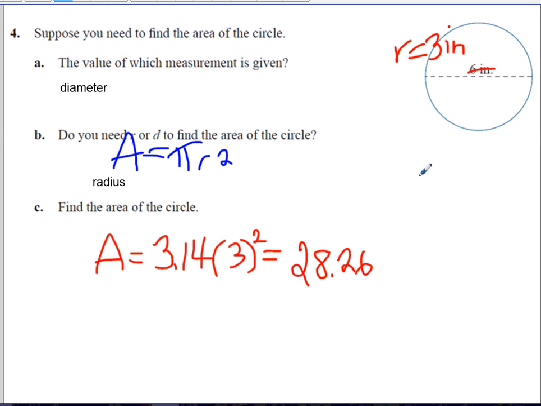And now that we have area, it's going to become square inches. So again, be careful of what numbers you're using when you're finding the area. Make sure you're using the radius and not the diameter.